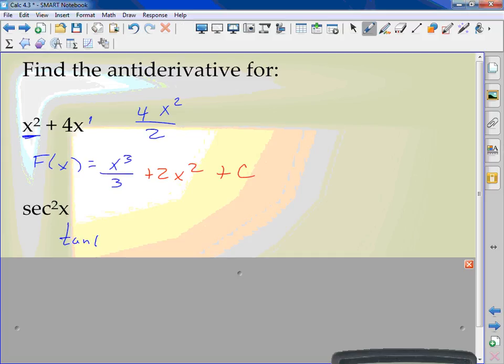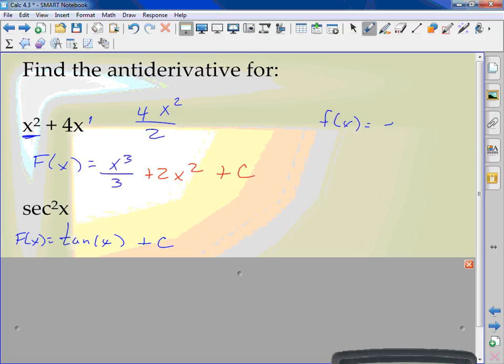Tangent of x plus c. That's it. For the trig identities, just look on the chart. What gives you that?